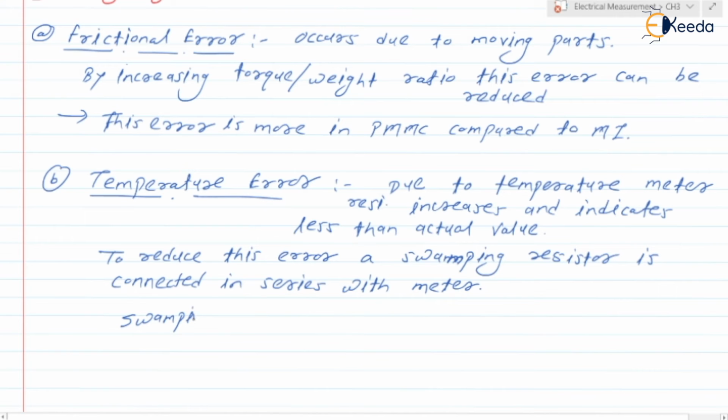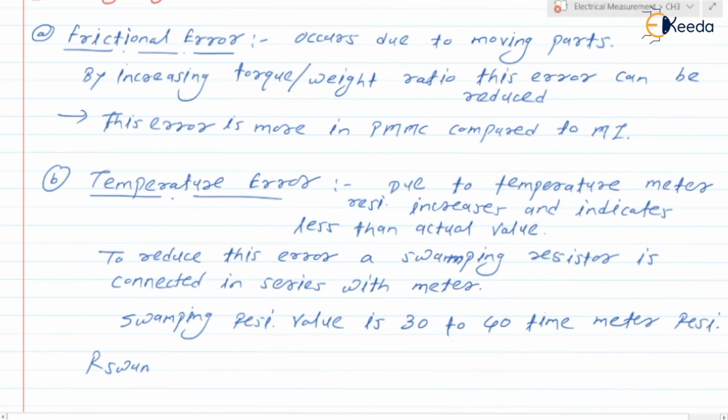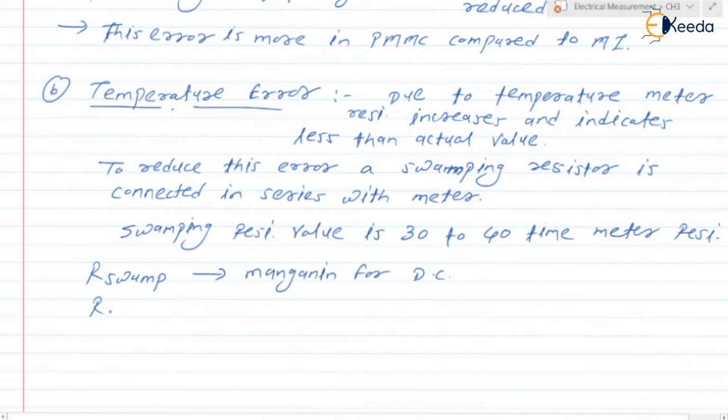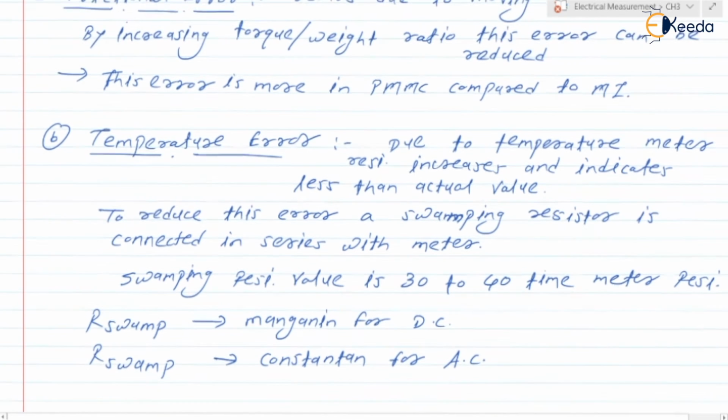It is made up of manganese for DC meters, and for AC it is made up of constantan. So this is the temperature error.